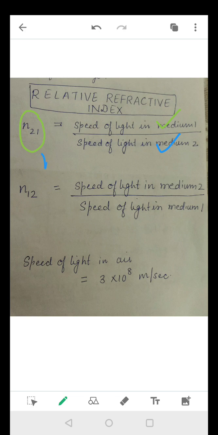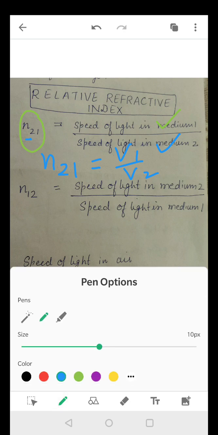So N21 will be equal to V1 upon V2. Yes, dear students? So when I'm calculating the refractive index of medium 2, I'll write V1 on the top and then below it we'll write V2.